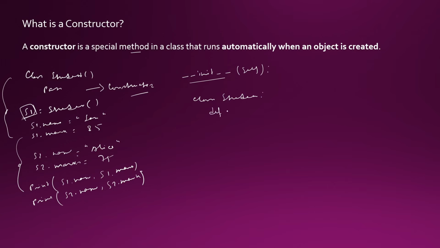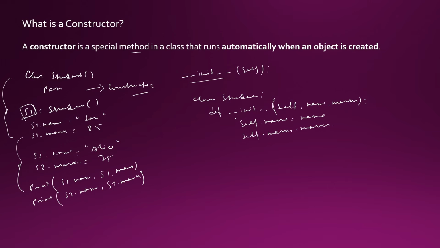So we write def __init__, and here you have to pass self, and two parameters, that is name and marks. Now I can write self.name = name and self.marks = marks.